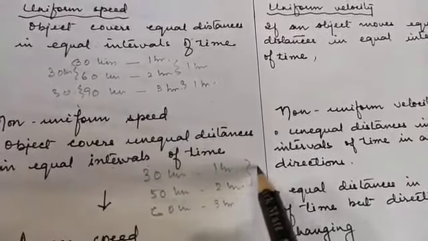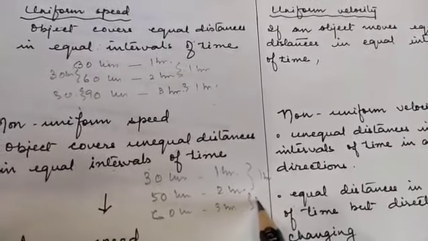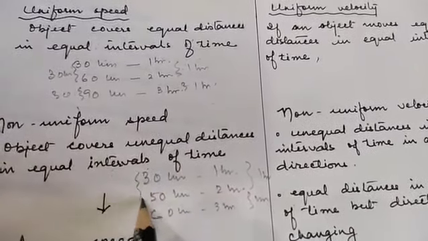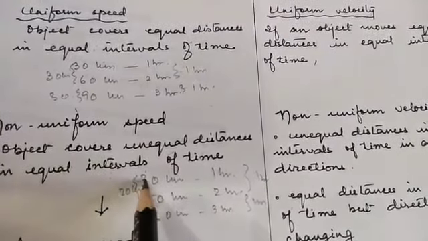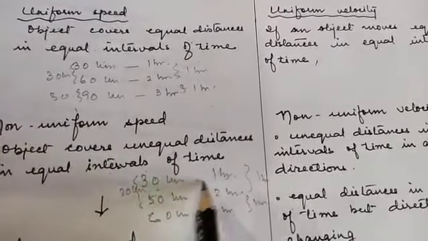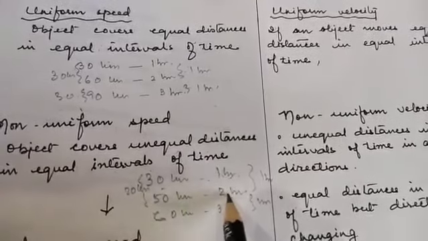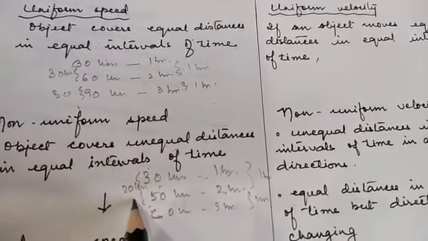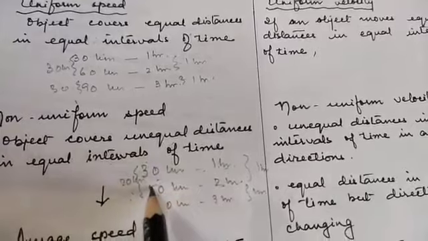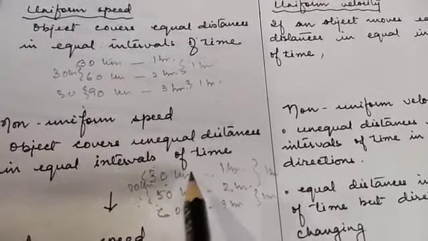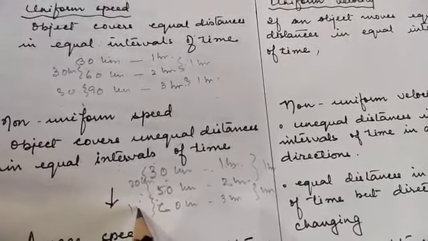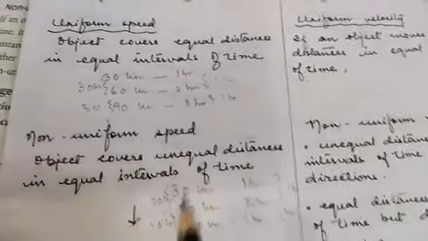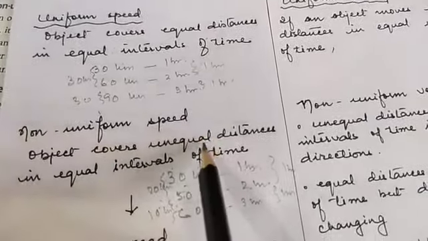The time interval is 1 hour. In the first hour it is covering 30 kilometers, but in the second hour it is covering 20 kilometers. So there is no uniformity in the distance, unequal distances it is covering. And in the third hour it is covering 10 kilometers. So this is non-uniform speed. Clear?